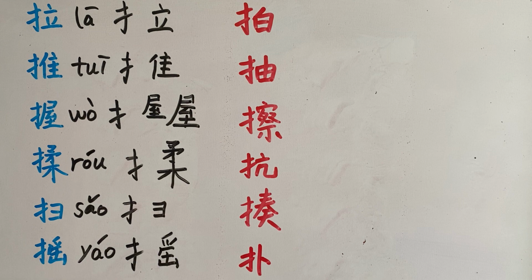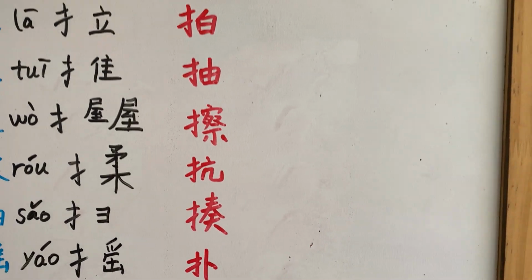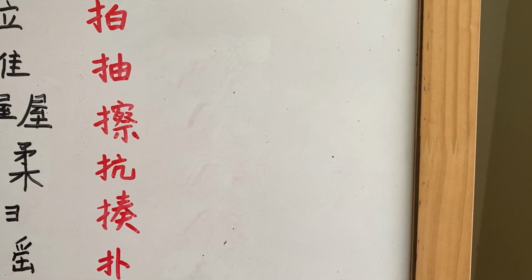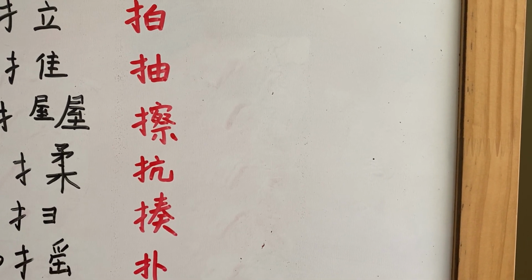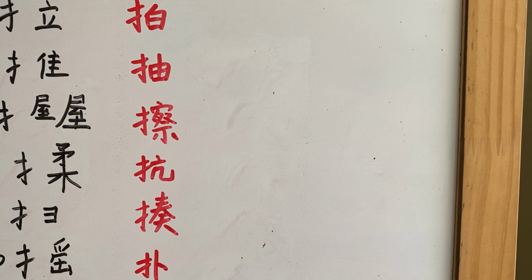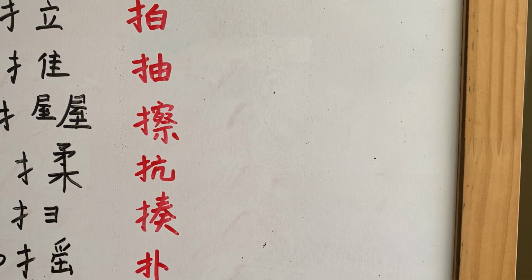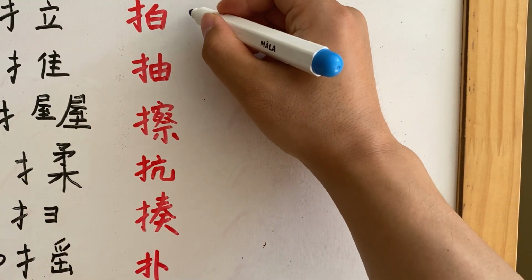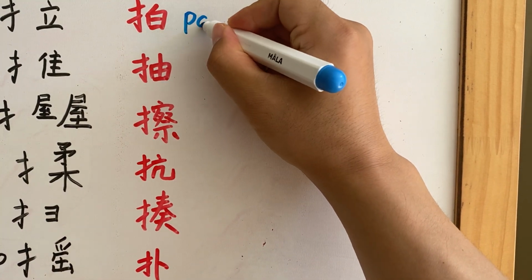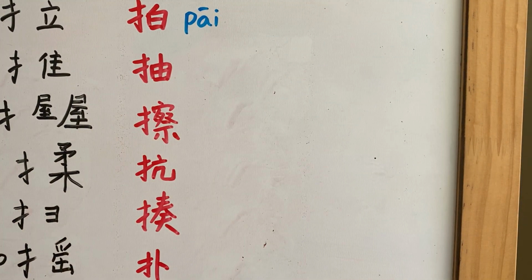Okay, the next line, we have 6 more. Oh yeah, adjust my camera. 6 more. The first one, 拍, the first tone, 拍.